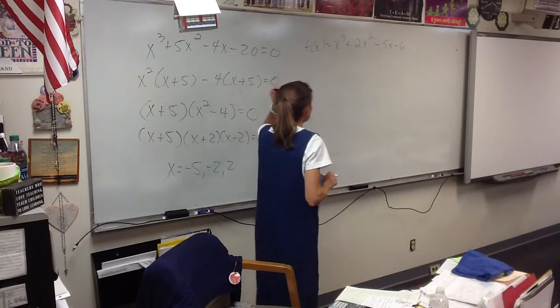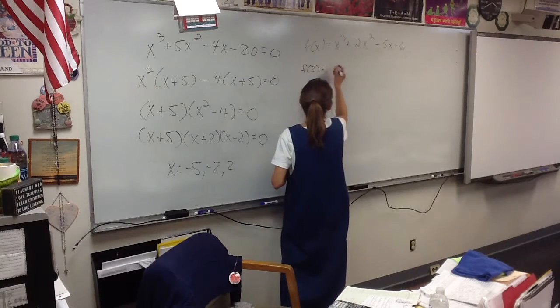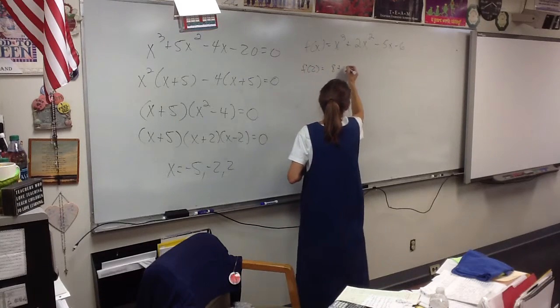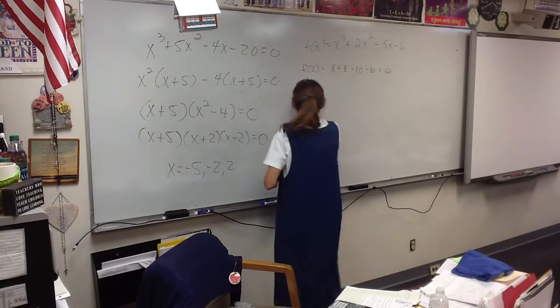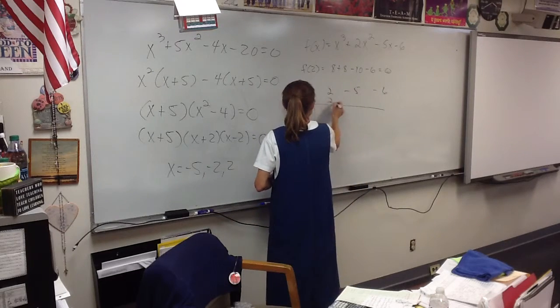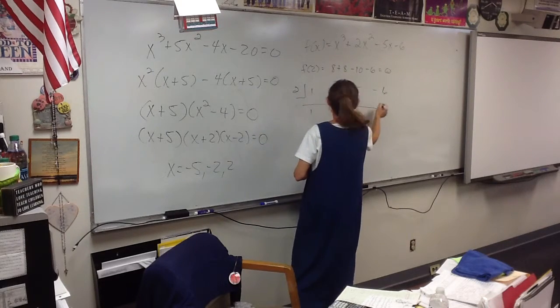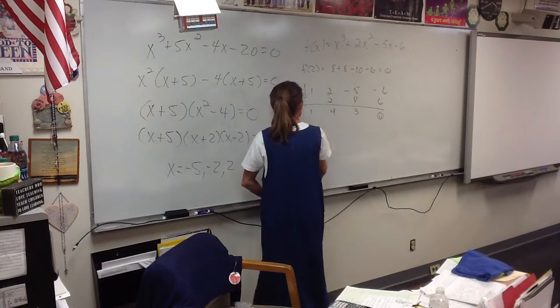Okay, so here we go. What do you want to try? 2? It's always easier to. It works. It does one. So out comes the 2. And what is left?